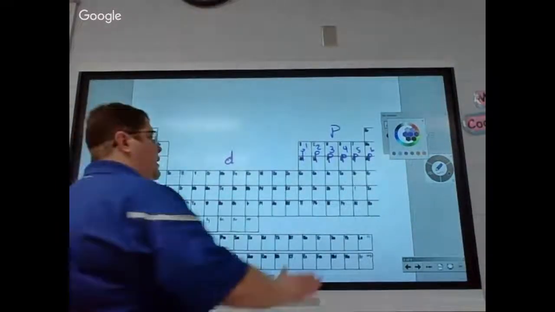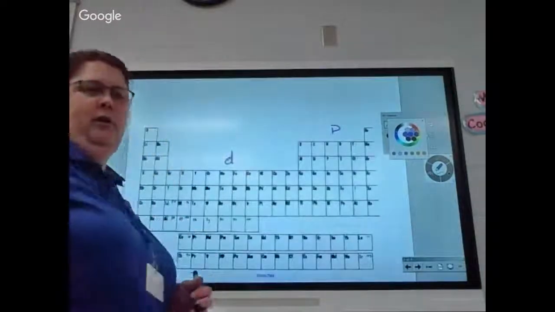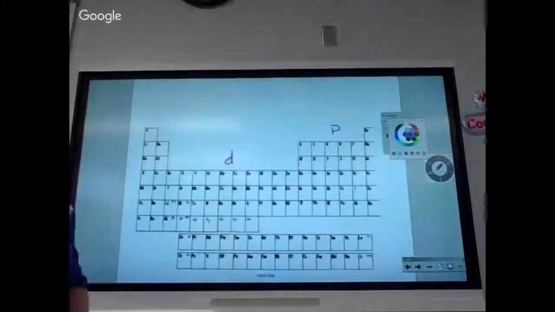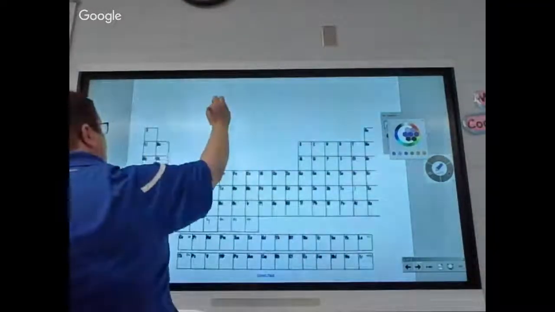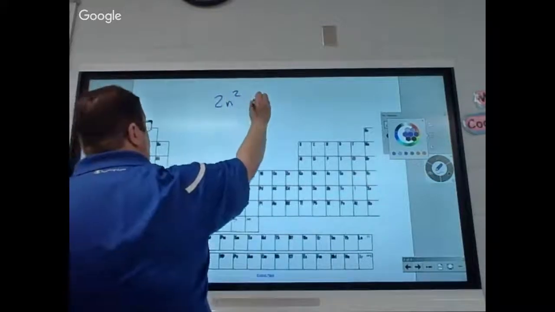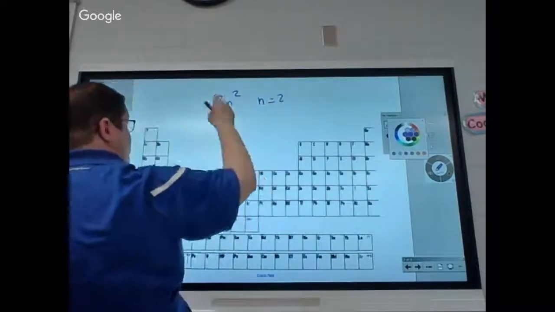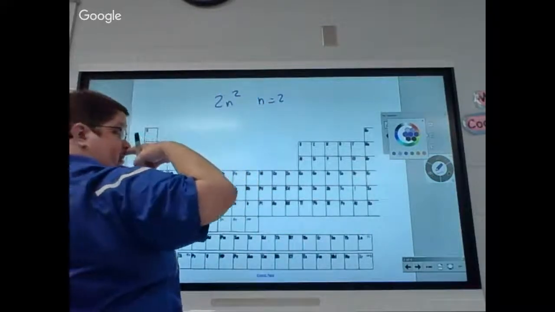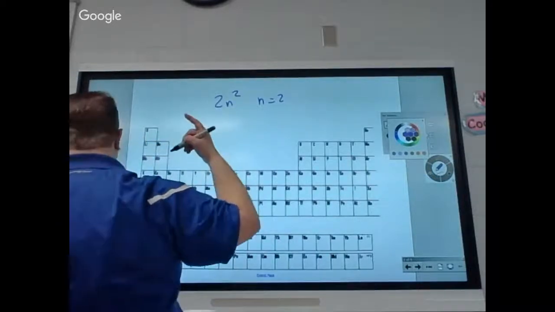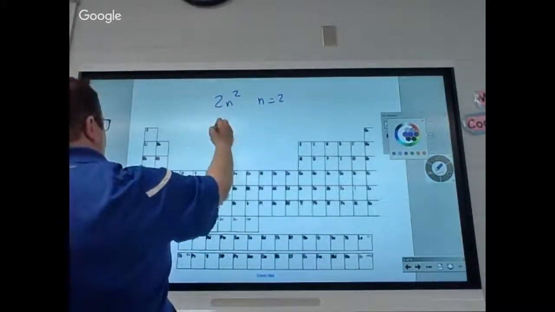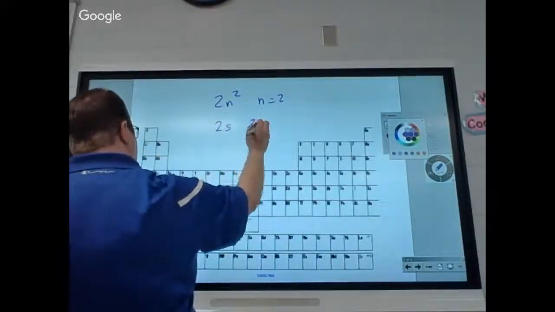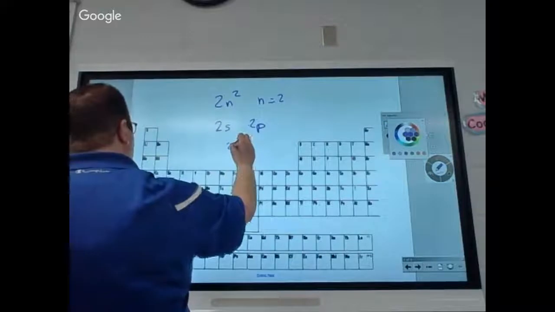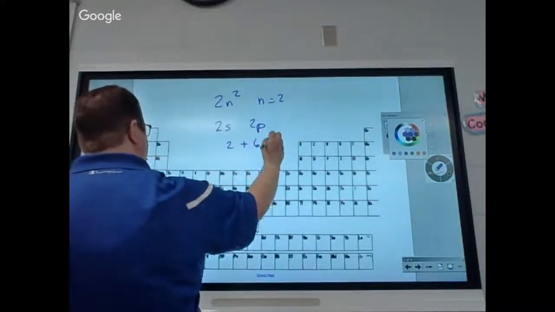Okay? Now, let's say part B says a full second main energy level. And you're like, I don't know that. All right, some of you will remember 2n squared. And you can say n equals 2 and say 2 squared is 4 times 2 is 8. Some of you will remember, oh yeah, I could say 2 sublevels, 2p and 2s, and I can say it has 2, and I can say 6, and I can get 8 that way.